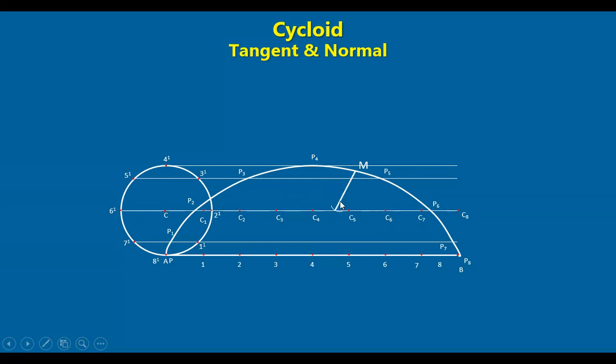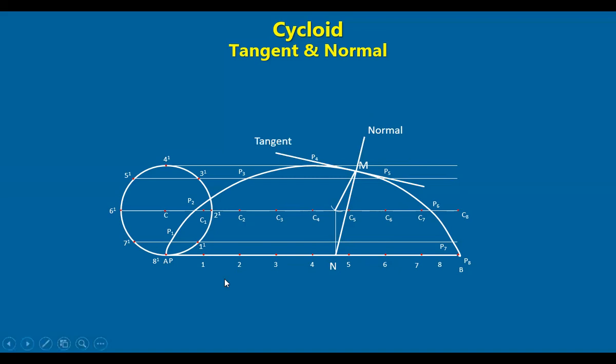This intersects the baseline at N. Join this point N with M. That is the normal to the curve at M. Draw a line perpendicular to this passing through M, and that will be the tangent to the curve.